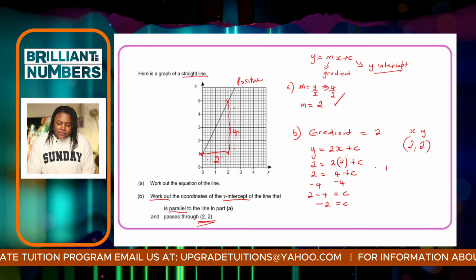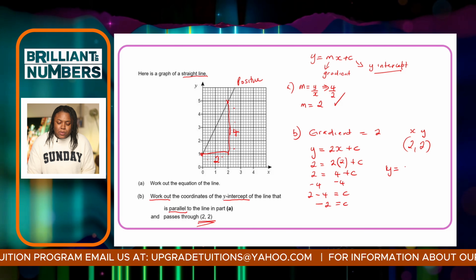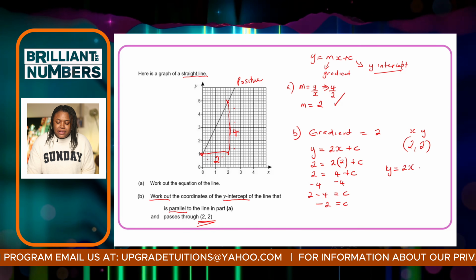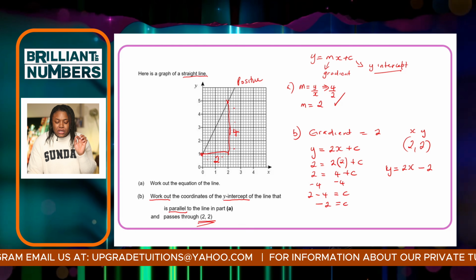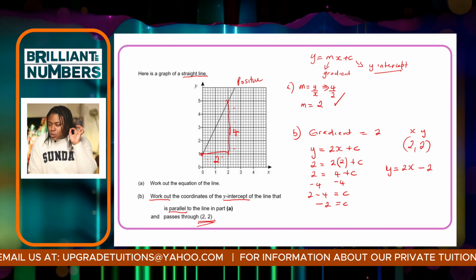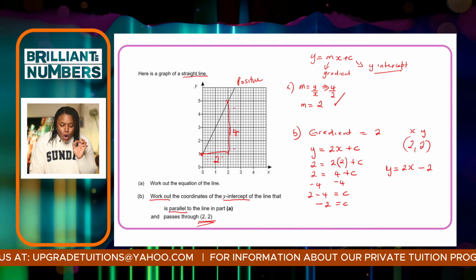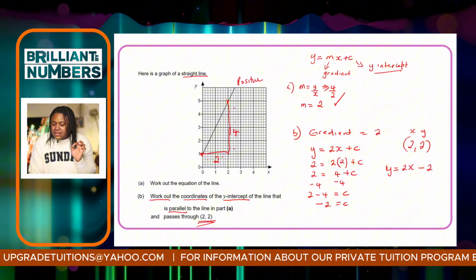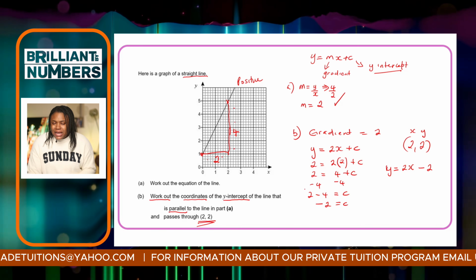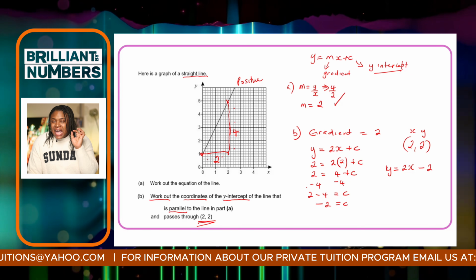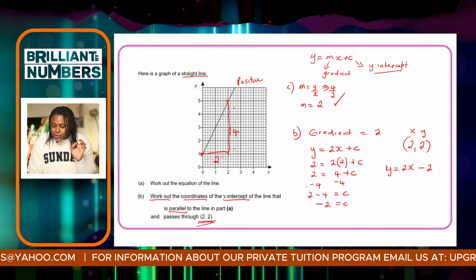So the equation of the other line is going to be y equal to 2x minus 2. Be careful. I was asked not for the y-intercept, but the coordinates of the y-intercept. Now, whenever we have a y-intercept, x is always 0.